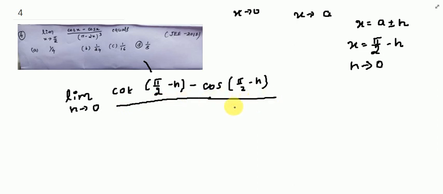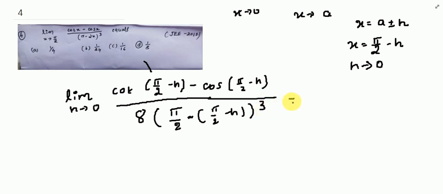so here I will take 2 outside. If I take 2 outside from this cube, it becomes 8, then it will be pi by 2 minus x, because I have already taken 2 outside, so pi by 2 minus h, the whole cube.